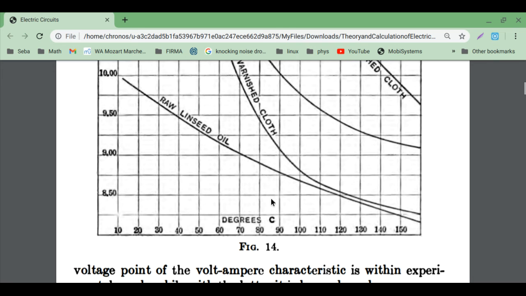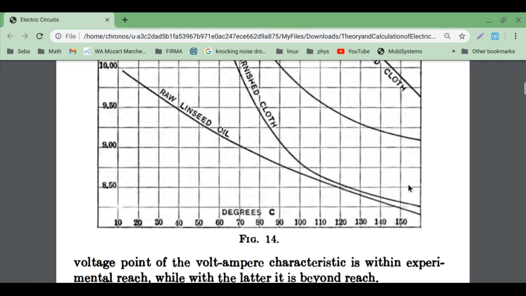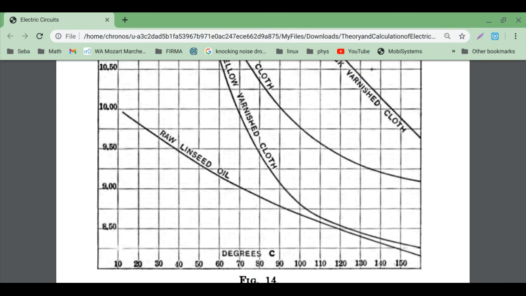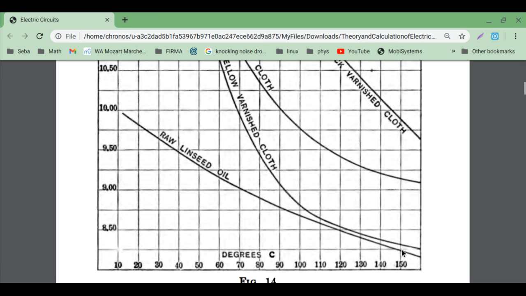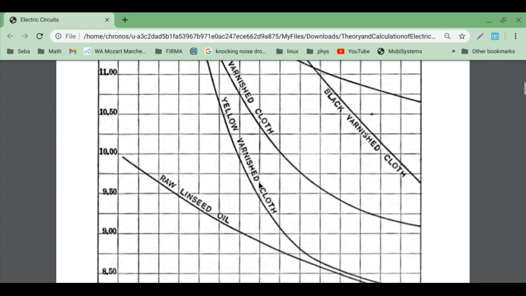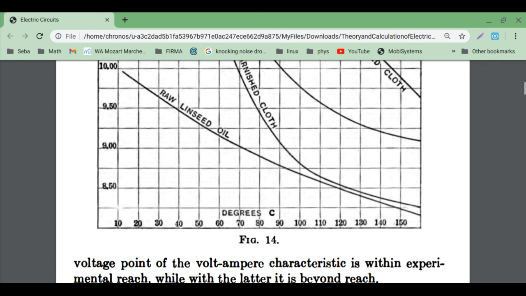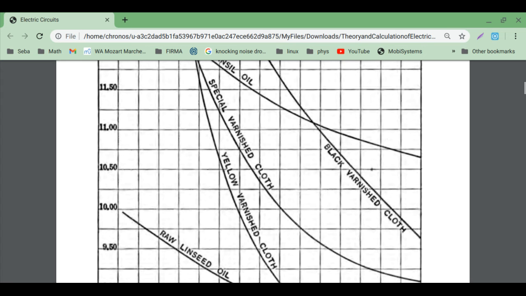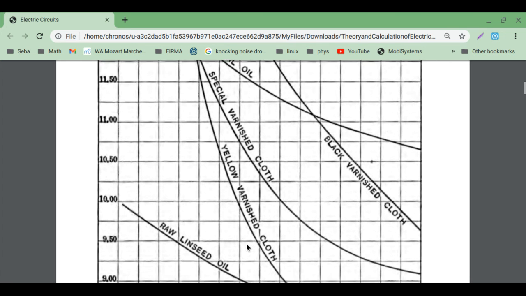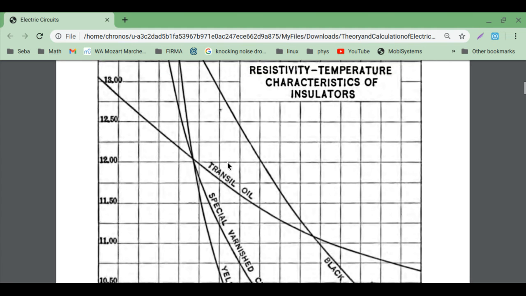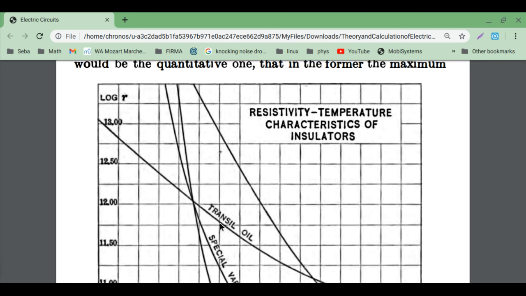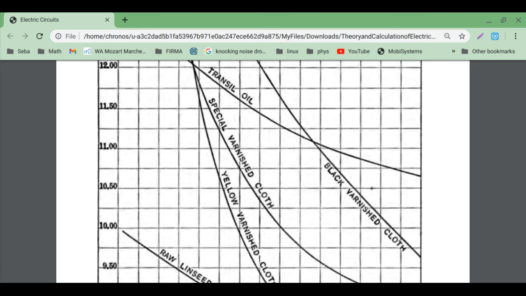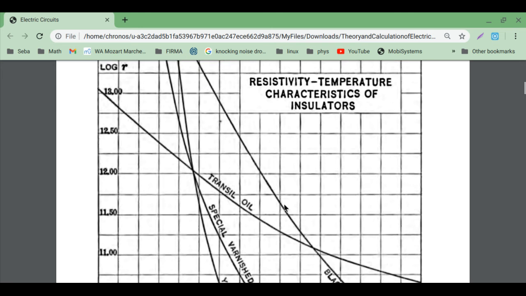Every 10. Raw linseed oil, quite resistive. The highest resistivity: yellow varnished cloth, special varnished cloth, transil oil, black varnished cloth.